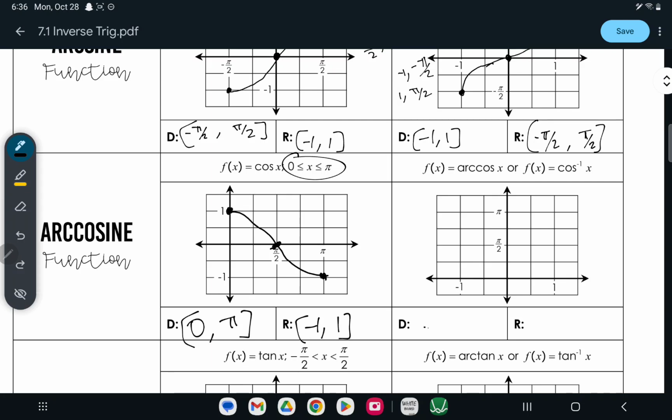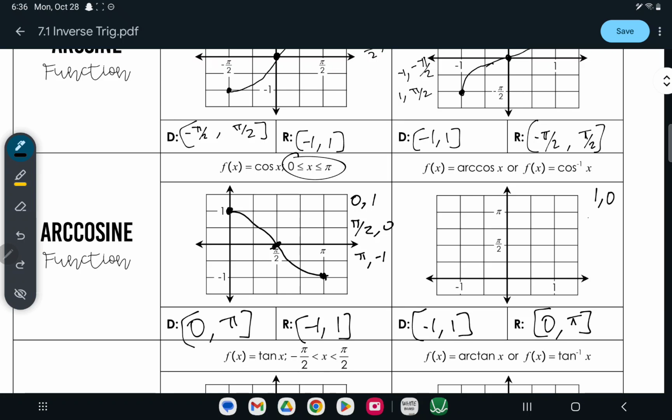So we can go ahead and switch that here. So negative 1 to 1, and 0 to pi. And then we will switch the ordered pairs. So instead of 0, 1, and pi over 2, 0, and pi, negative 1, we'll switch them.